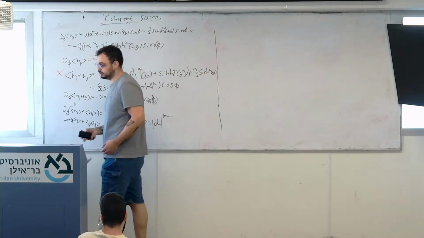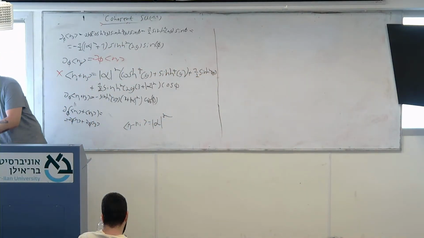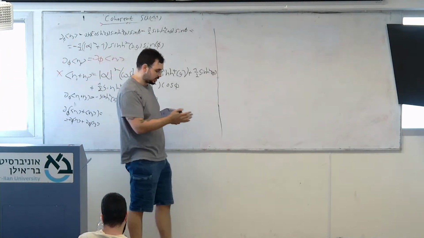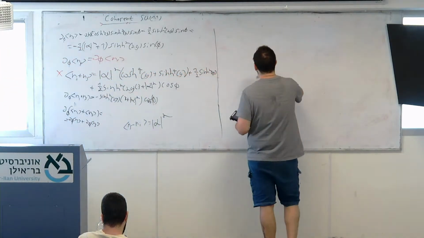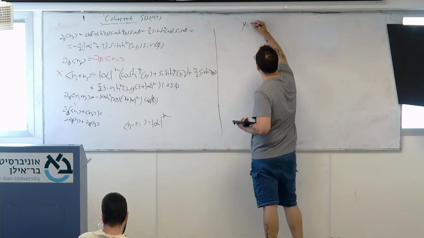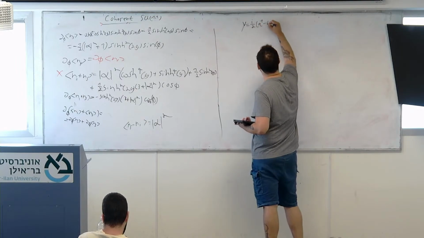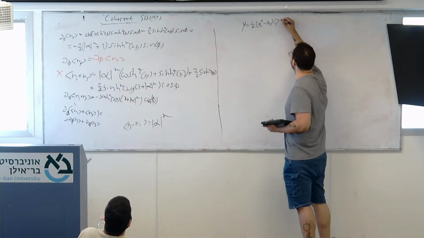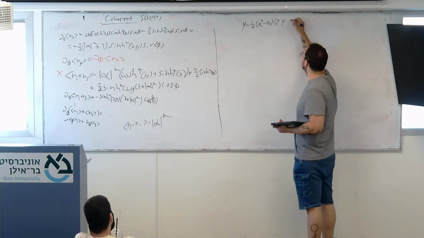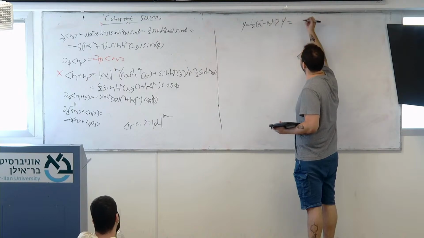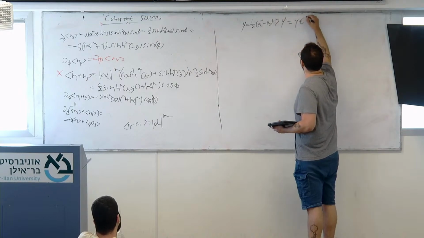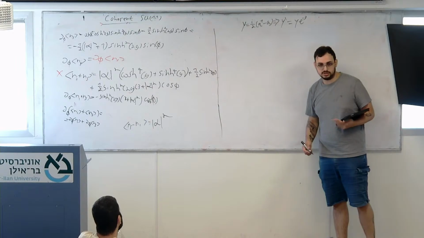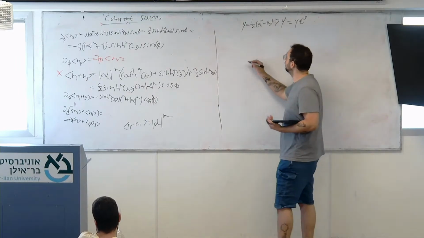Well, because we saw last tutorial that y equals i divided by 2 a dagger minus a. When you move it through a squeezer, y out, like say y tag, will equal y times e to the minus g.